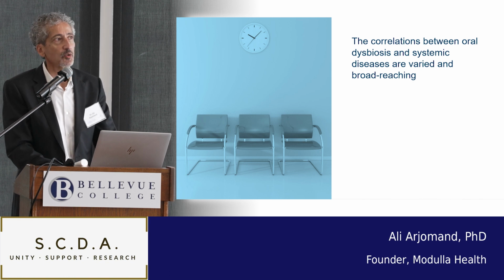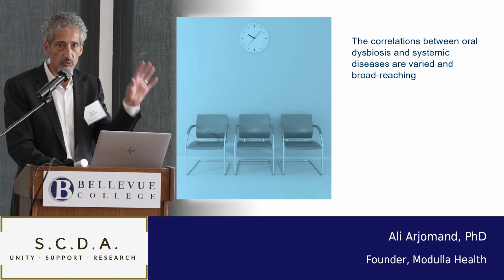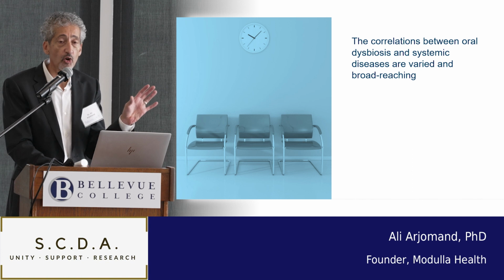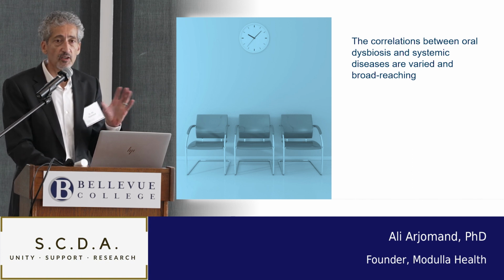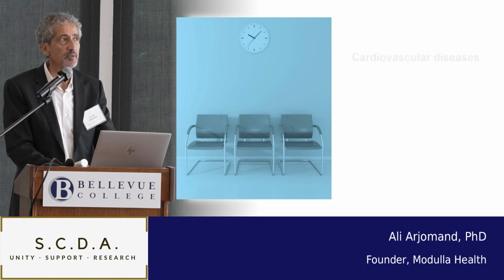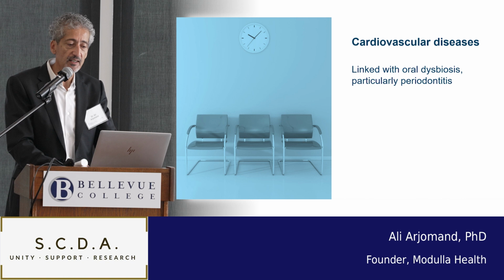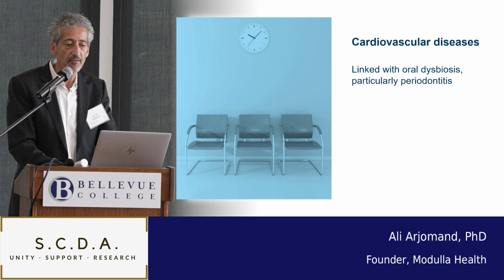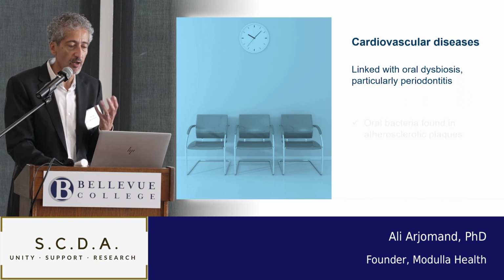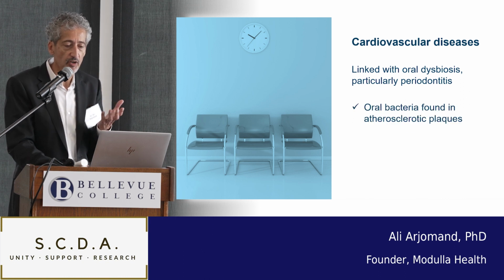All right, what are the health implications? The correlations between oral dysbiosis, we'll call it this sort of shift in the oral microbiome, and overall systemic disease are varied and pretty broad-reaching. So let me give you some examples. In cardiovascular diseases, there's a linkage between oral dysbiosis and periodontitis, the sort of bad, infected gums, as a risk factor for cardiovascular disease.